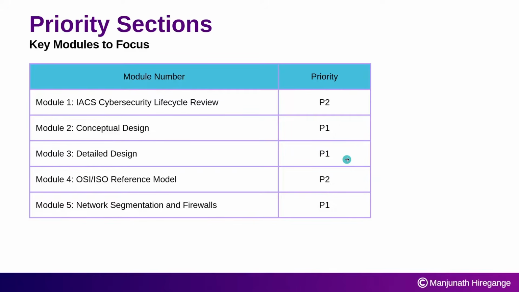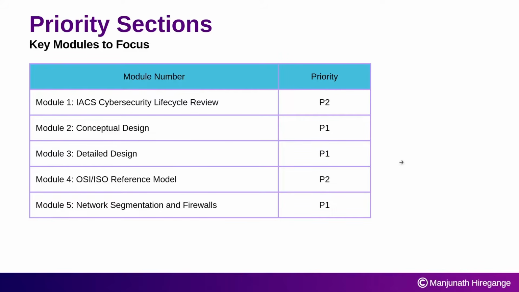P3 topics are lowest priority, meaning they are foundational but may have fewer direct exam questions. But that doesn't mean you should avoid any topics. This is just to give you an idea of where to focus more. My only suggestion is to cover point to point from the first slide to the last slide of your notes. Don't leave any pointers open.